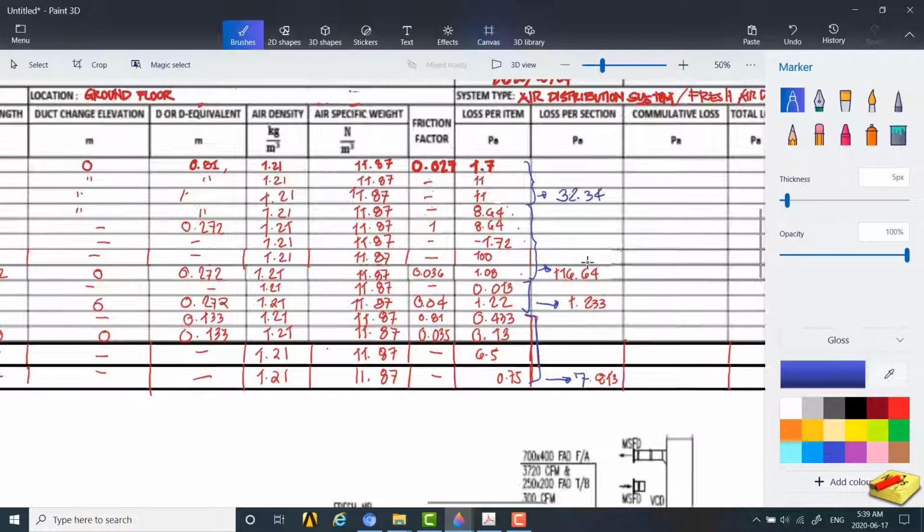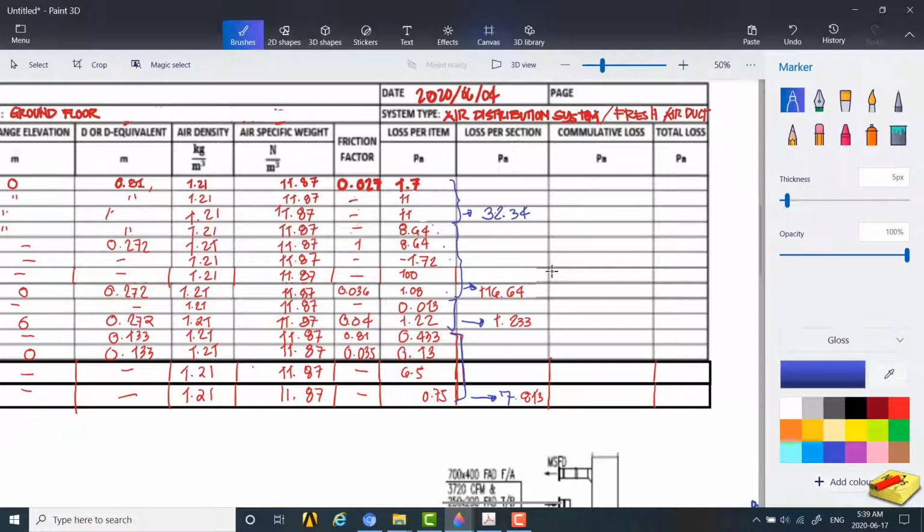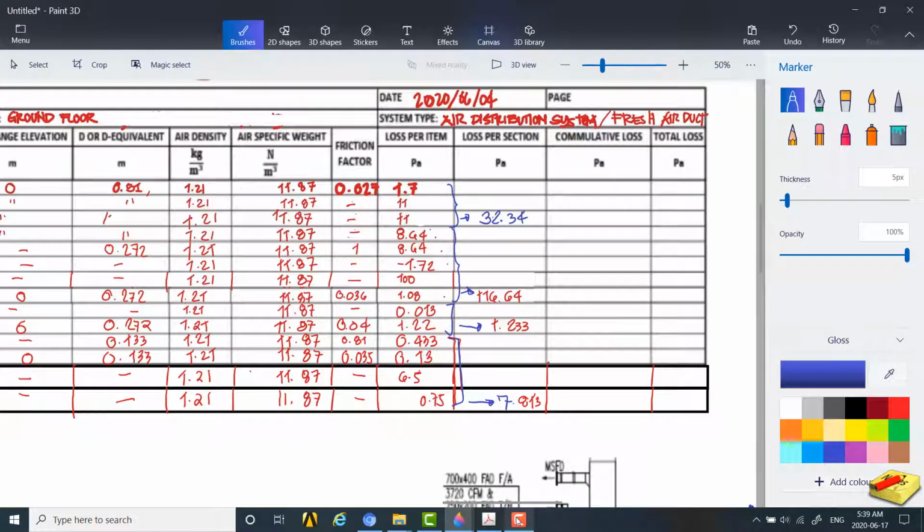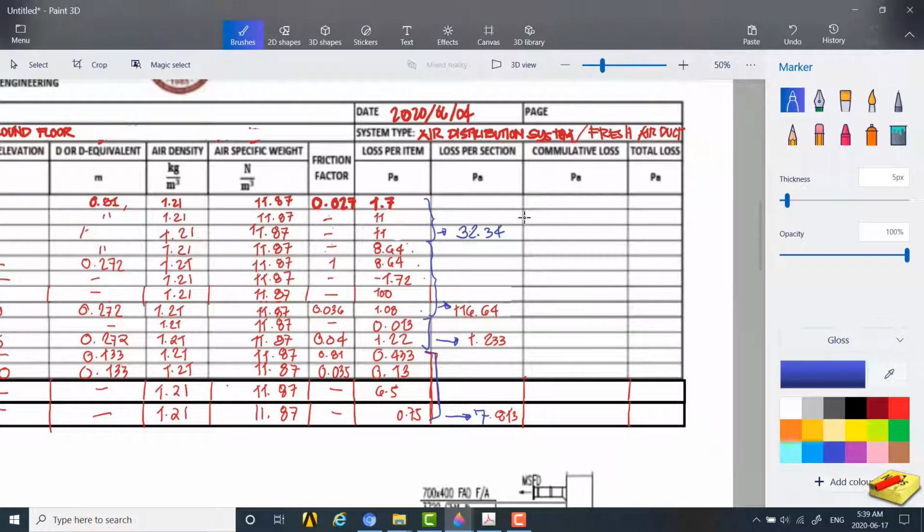Now for the cumulative loss, we'll be putting here the total loss dito sa taas. It will be the sum of 32.34, then from this one and this one.